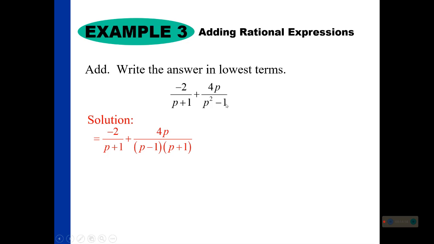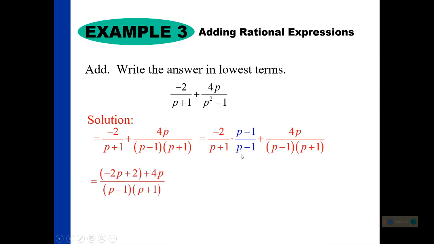And then we have 4p over p squared minus 1, which will be factored as p minus 1 times p plus 1 because it is a difference of two squares. And then find the LCD by making your denominators the same. So you will have the LCD, which is p minus 1 times p plus 1.